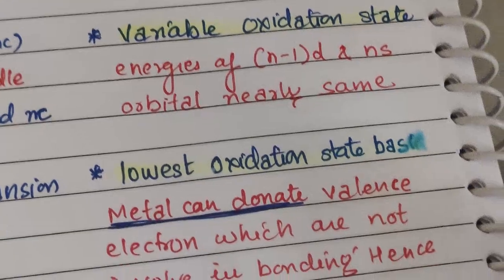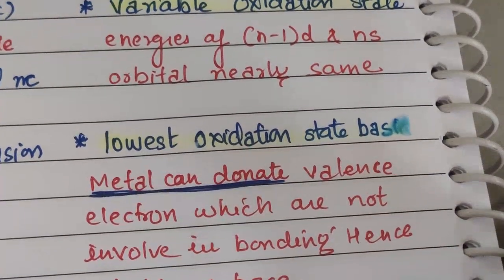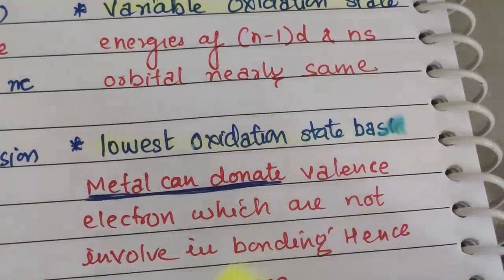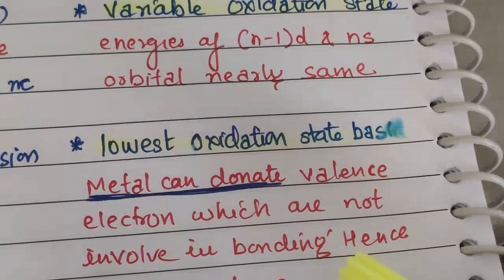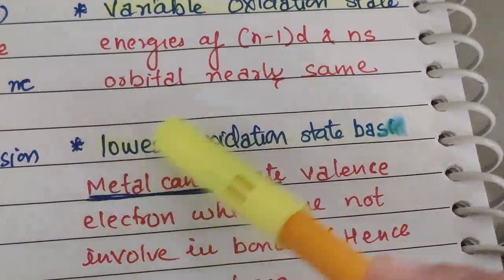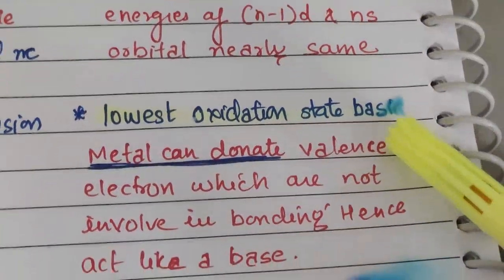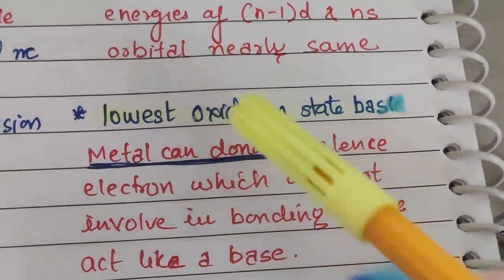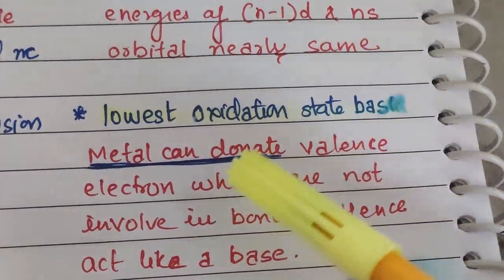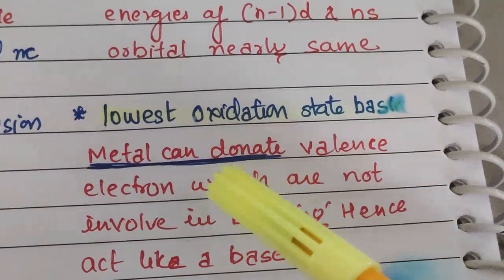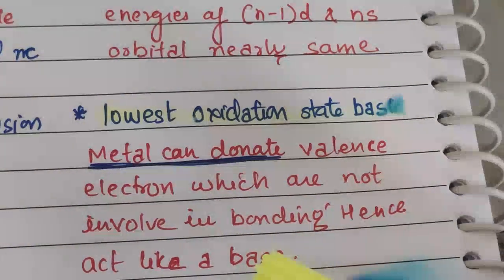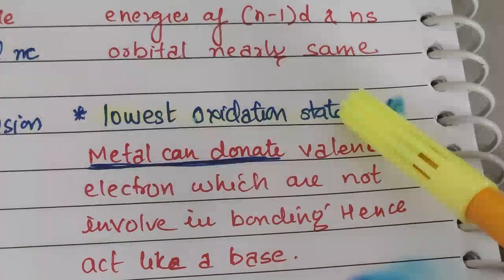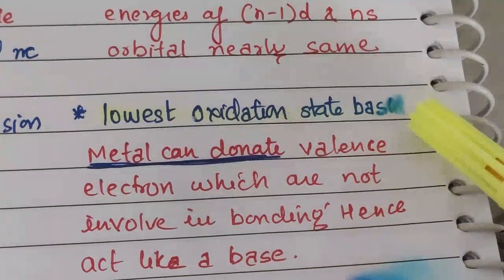Now the question arises: why is the lowest basic in nature? Because the metal can donate valence electrons which are not involved in bonding, so it will act as a base. Again I am repeating, why does the lowest oxidation state act as a base? Because it has electrons not involved in bonding, which can easily be donated, hence it acts as a base.